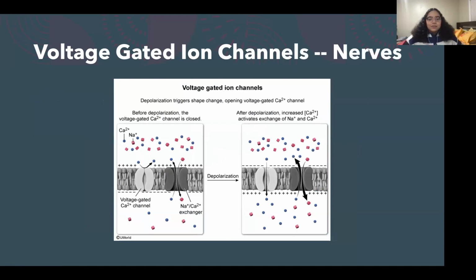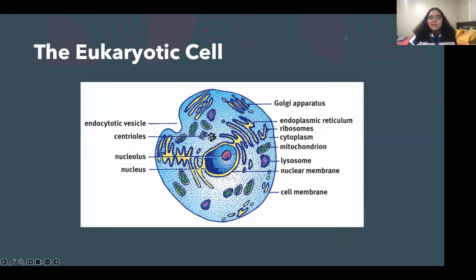Maybe Angel covered this during the nervous system yesterday, not sure, but in terms of action potentials, it's good to know where these play a role and how the calcium channel is closed. And then after depolarization, you have exchange of sodium and calcium and how that plays a role in how nerves work. Good to know.